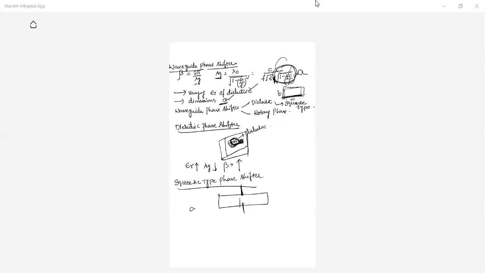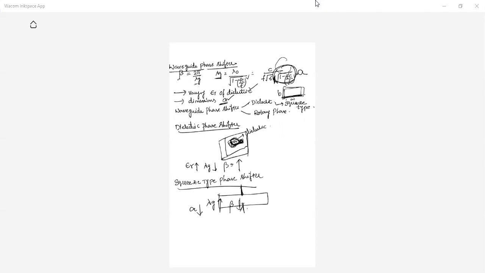So the a value reduces by this clamping or by stretching the waveguide on the narrow walls of the waveguide. If you are stretching, the a value reduces, which increases lambda g, which decreases beta. This is another technique to introduce phase shift into the wave propagating in the waveguide.